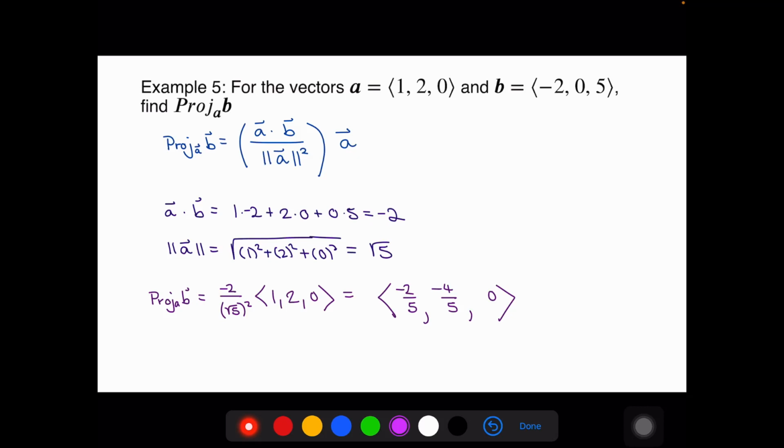So negative 2 fifths times vector A, which is (1, 2, 0). Then I distribute my negative 2 fifths, and my new vector is (-2/5, -4/5, 0). And that is a vector in the same direction as vector A, whose magnitude is the component of B in the direction of A.